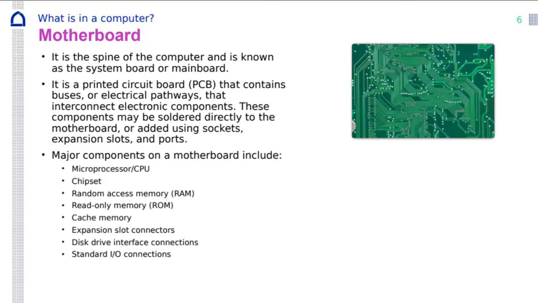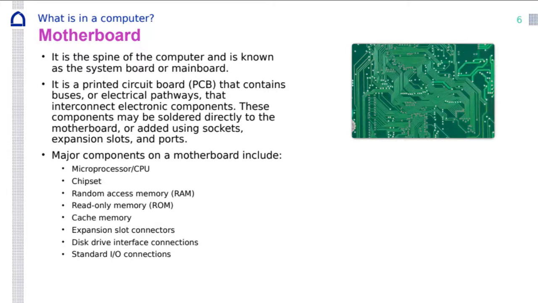Motherboard. What is the motherboard? We call it the motherboard because it's the spine, the main part of the computer. Some people like to call it the system board or main board. It's all the same. Okay? It consists of a printed circuit board, or PCB. So you see this green board here. We call this the PCB.